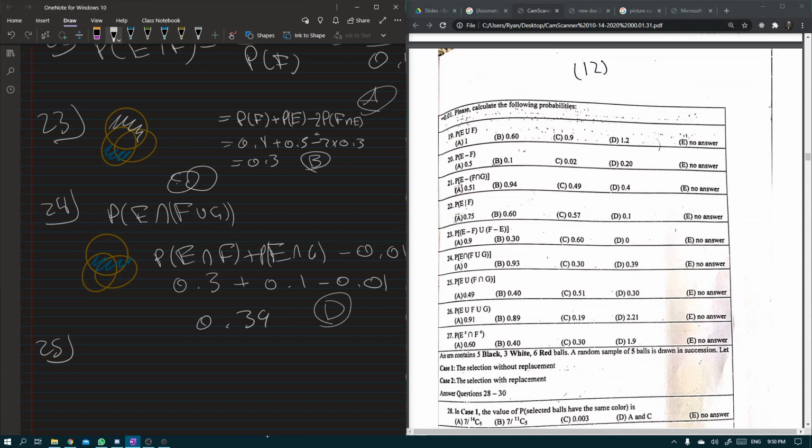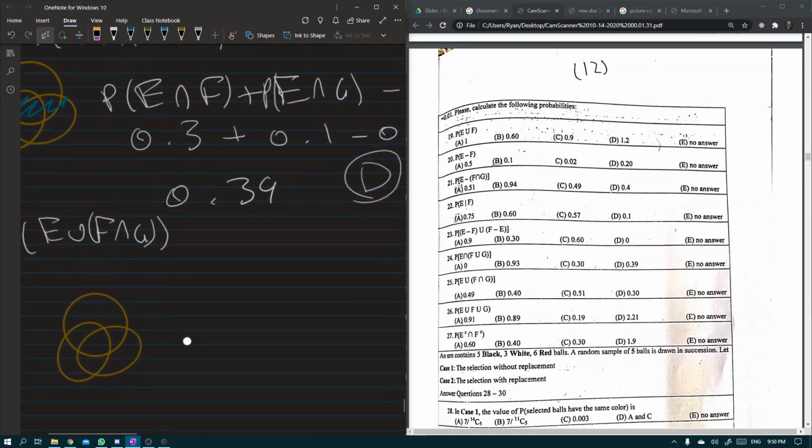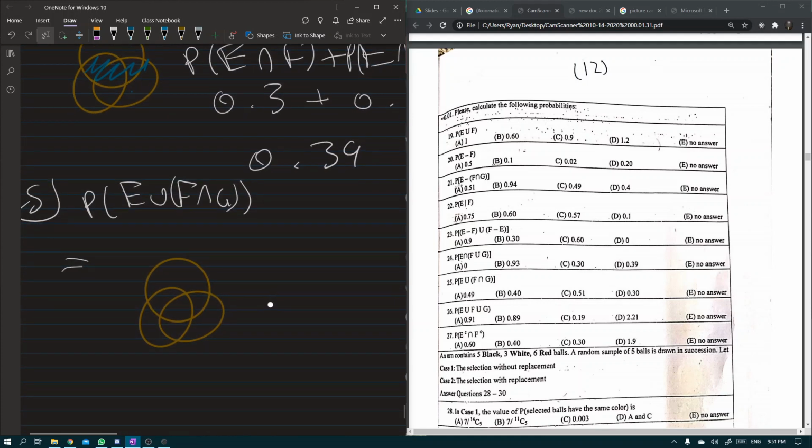25. Probability of E union F intersection G. This is E. This is F intersection G. Just union, so everything.